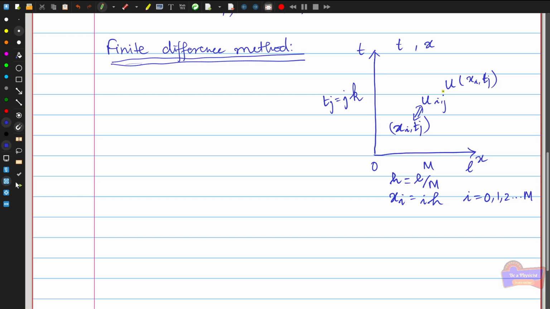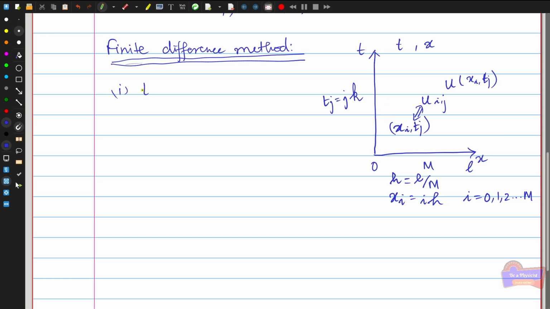fine. So suppose you want to solve this heat conduction equation. We are going to use the finite difference method, and there are two different categories of finite difference method used to solve this heat conduction equation.